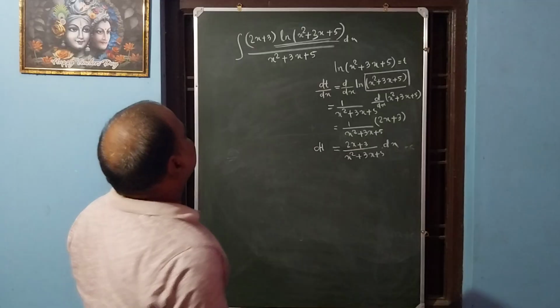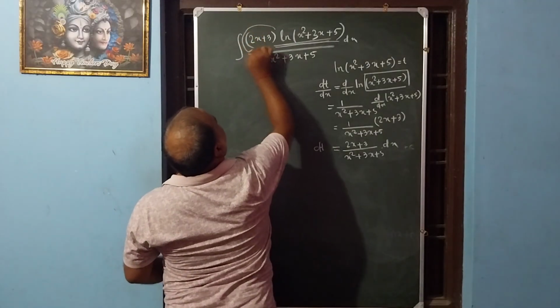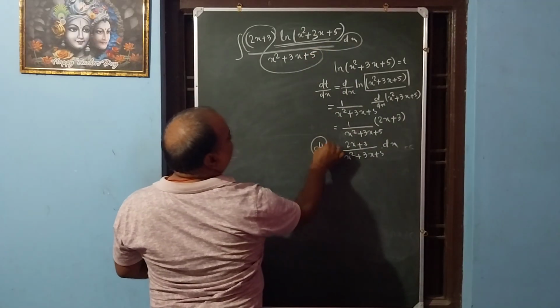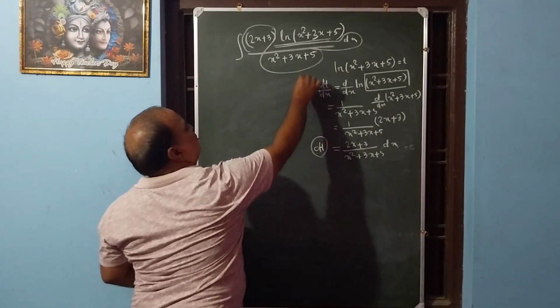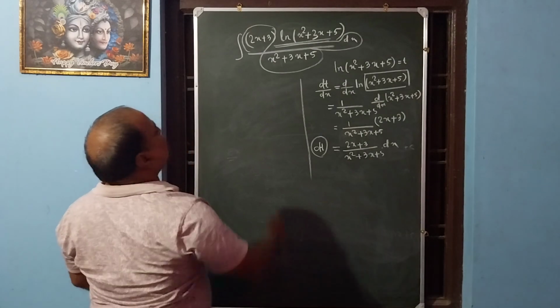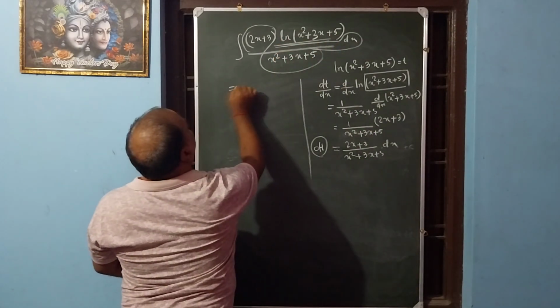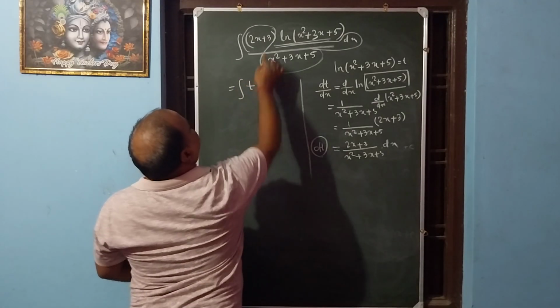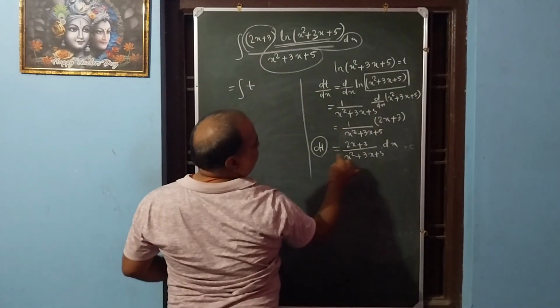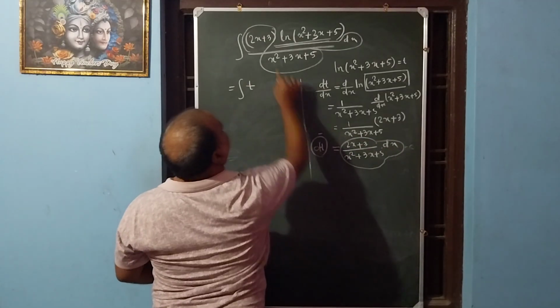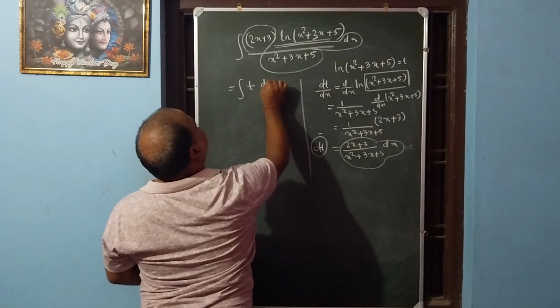Now you see, this quantity is replaced by dt. So the integral becomes, in place of ln, we put t, and in place of this quantity we get dt. So write down t dt.